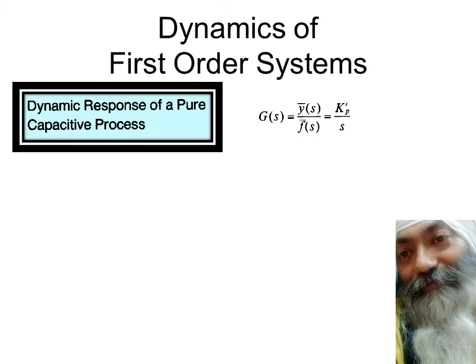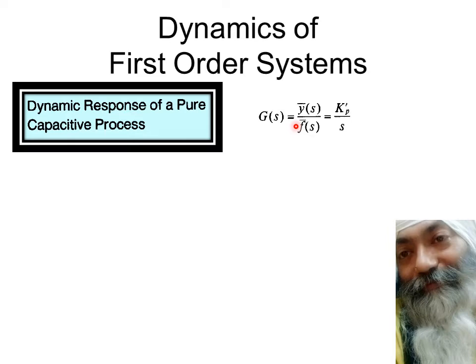As you can see on the screen, which I will highlight with the pointer as well, we have already seen the transfer function of a pure capacitive process. G(s) is the deviation variable of the output divided by the deviation variable of the forcing function.